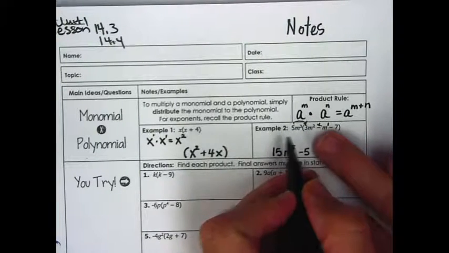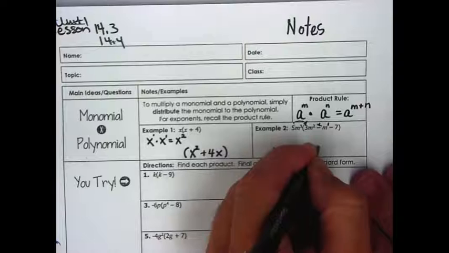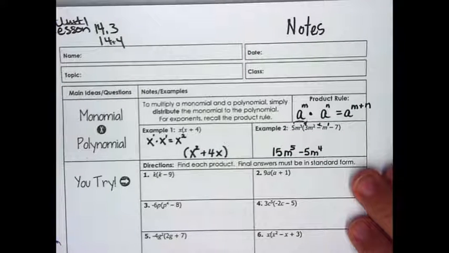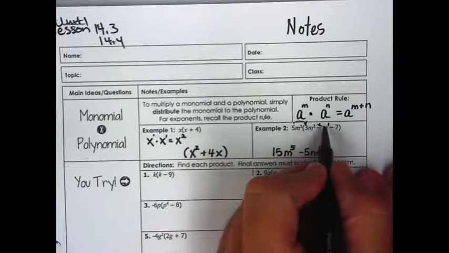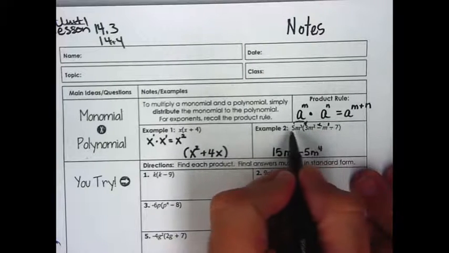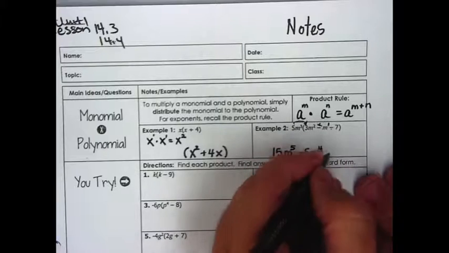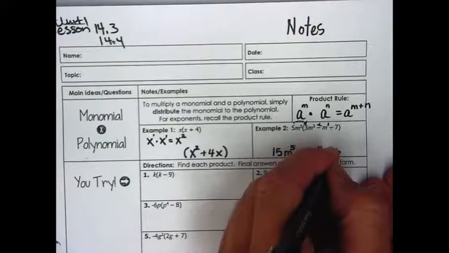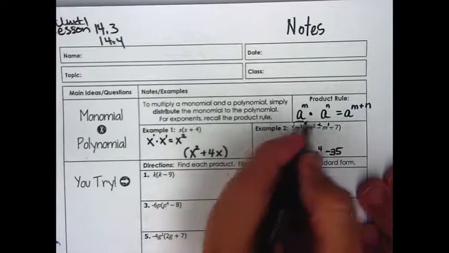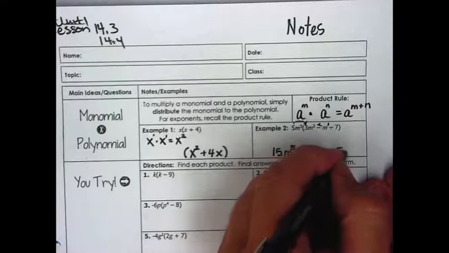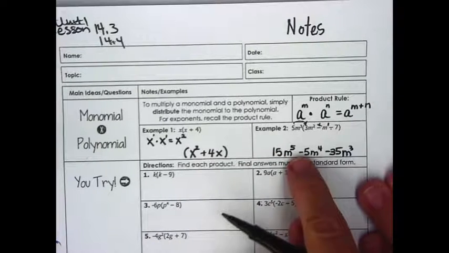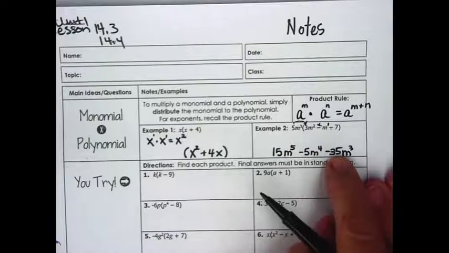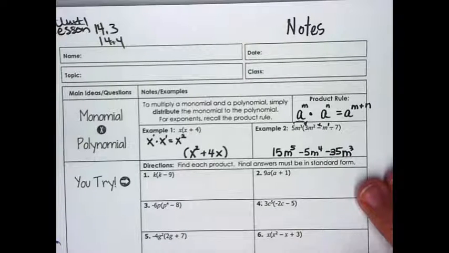M cubed times m to the first is m to the fourth power. 5m cubed times negative 7, 5 times negative 7 is negative 35. And then you have that m cubed times nothing over here, so you're going to bring it down to m cubed. Notice it's automatically, in this case, descending exponents, so it's in standard form.